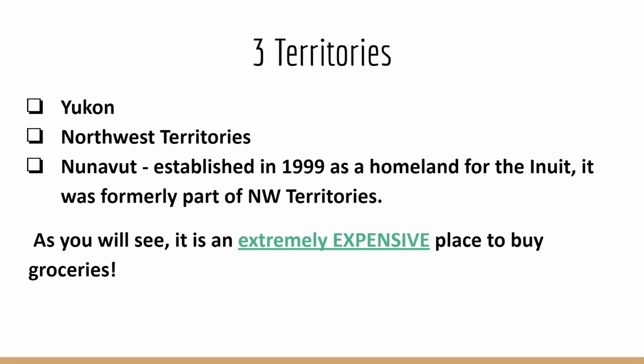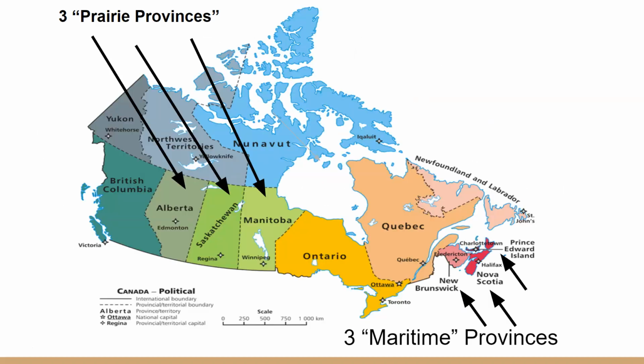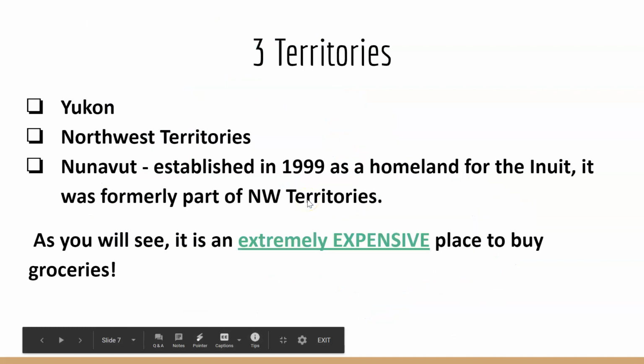When we're talking about the physical geography of Canada, one of the things that's really important, very similar actually to the Great Plains in the United States, is the effects of glaciers. And glaciers have really helped to shape a lot of Canada's landscape, including what we often refer to in physical geography terms as the Canadian Shield, which, if we go back to the map, is located here around our Hudson Bay.